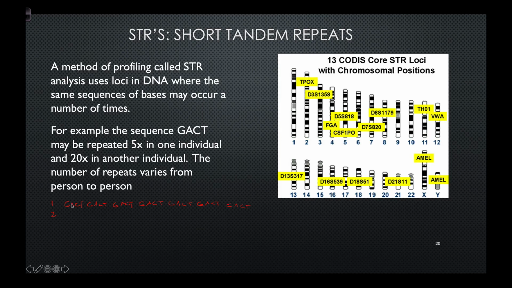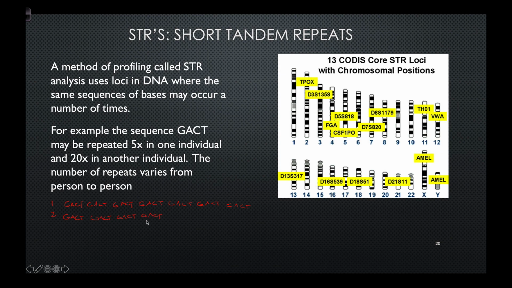We have 1, 2, 3, 4, 5, 6, 7 G-A-C-T repeats, short tandem repeats, we call those. In my other individual, in the middle of their DNA, they also have that repeating sequence of letters, G-A-C-T, but theirs only goes 4 times. So this person here has a much longer segment of this repeating unit called an STR, and this person's right here is much shorter.